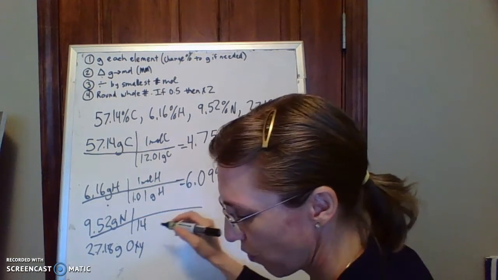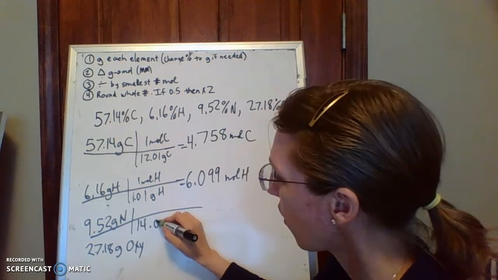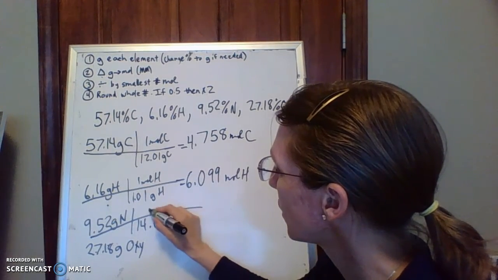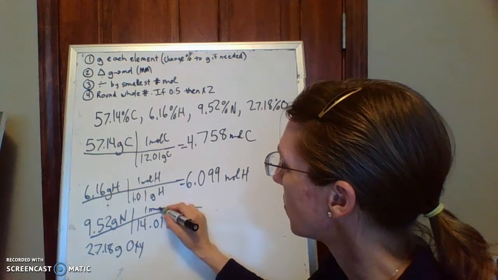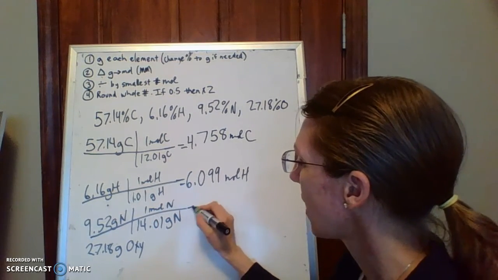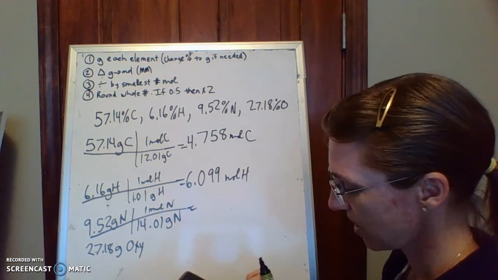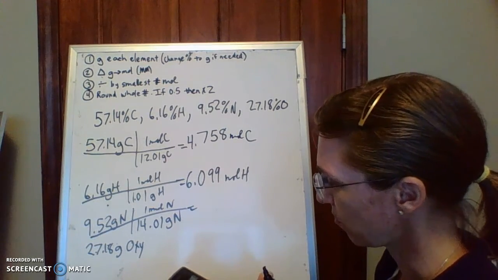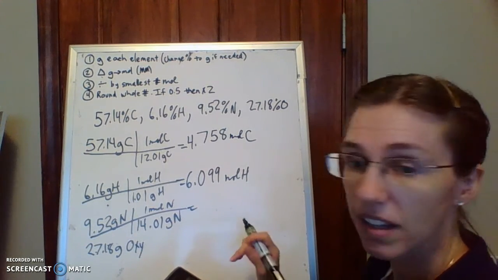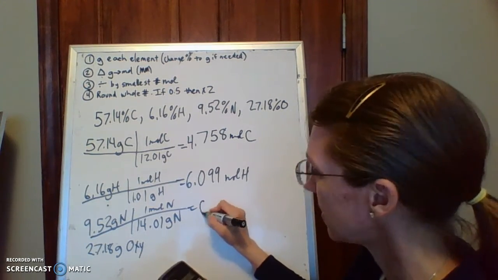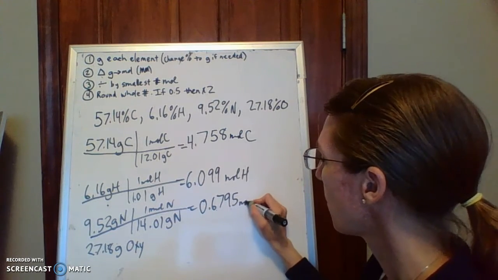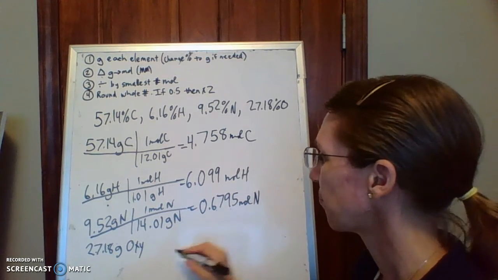We're going to do the same thing here for nitrogen. Nitrogen is 14.01 on our periodic table, grams of nitrogen per 1 mole of nitrogen. And we'll do that calculation. 9.52 divided by 14.01, and we will get 0.6795 moles of nitrogen.